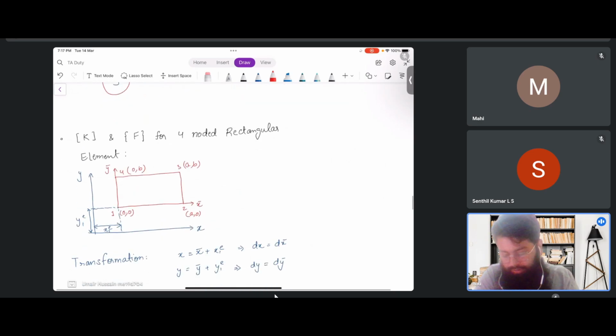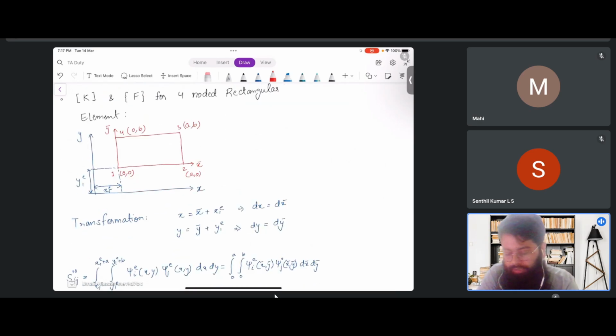Okay, so next thing is to calculate the stiffness matrix and force vector for a four-noded rectangular element.